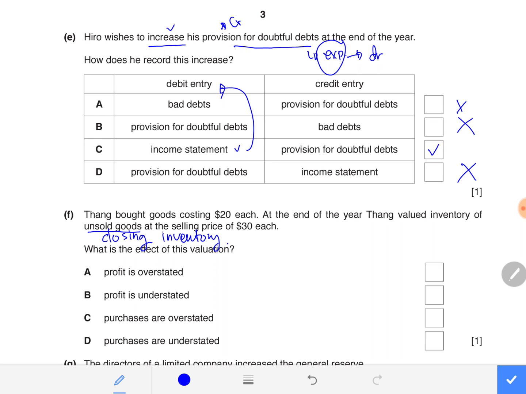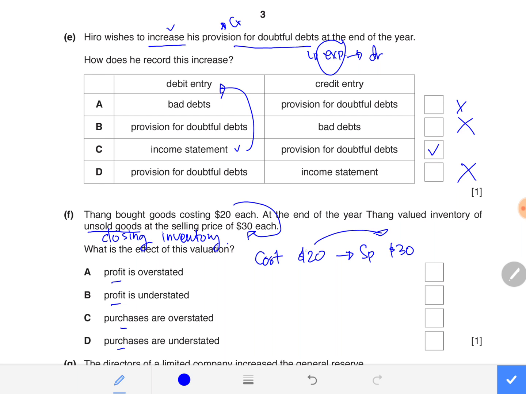Now, in the answer, you have profit and purchases. When it comes to inventory and something being overstated, in this case your business inventory has been overstated, because the inventory has a cost of $20, but is now valued at selling price, which is $30.